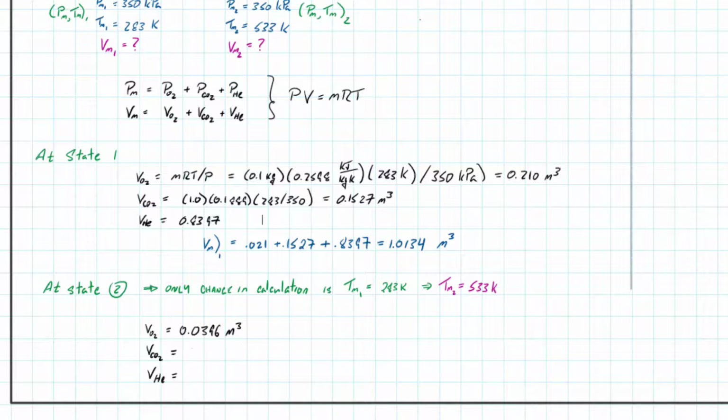So the volume of the carbon dioxide is 0.2877 cubic meters. The volume of the helium is 1.5814 cubic meters, with the total volume of the mixture.